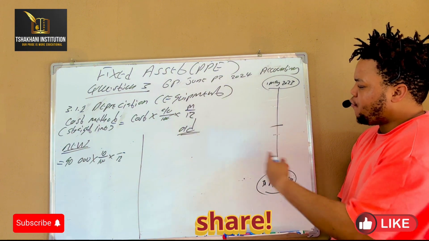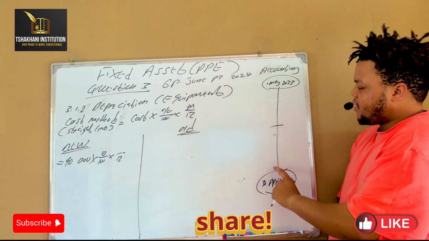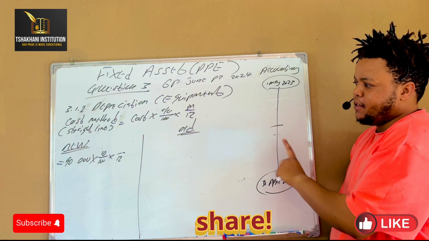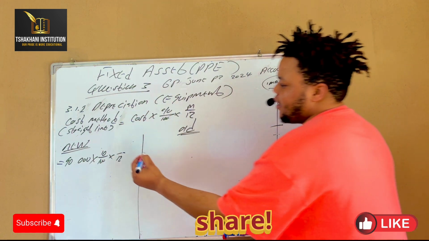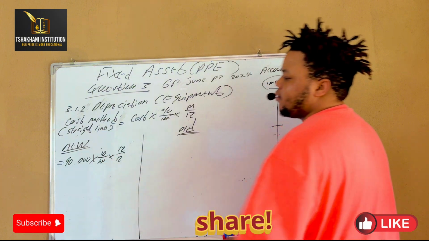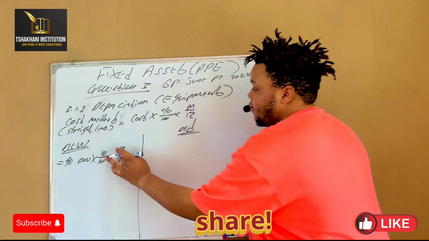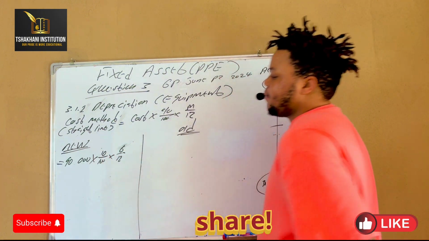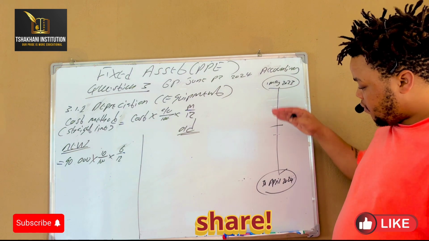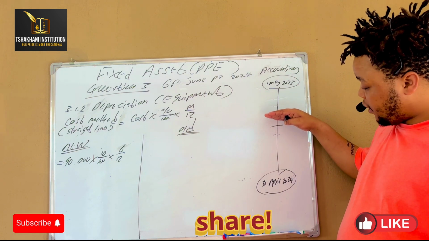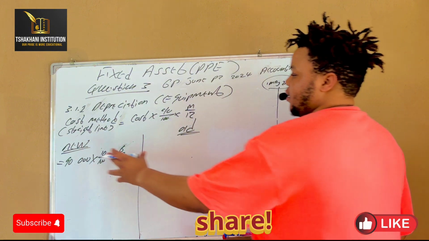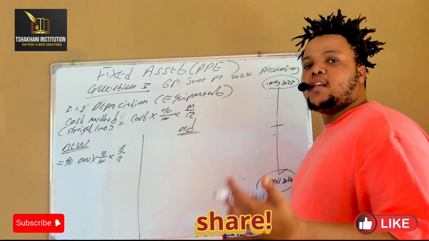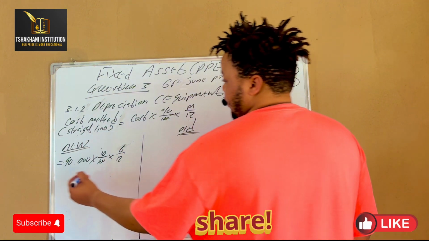If they say halfway, you know that half of 12 months is 6 months. So it was purchased and then we use it for 6 months in this financial year.